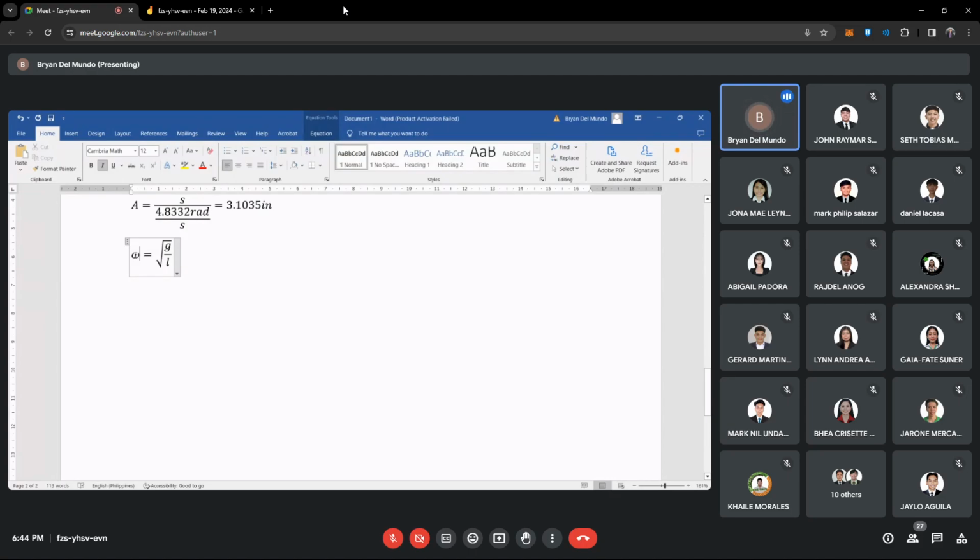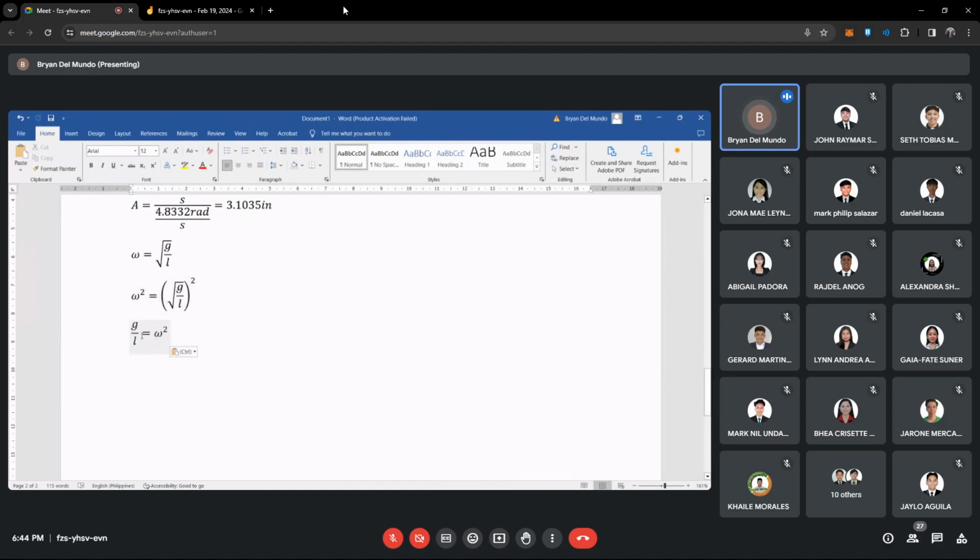We're just going to square both sides so that makakancel si radical sign and then ma-isolate natin si L. So we're just going to square this one and then square the value of square root of G over L. So mangyayari lang dyan, makakancel lang yung square mo tsaka yung radical sign dun kay G over L. So we have here G over L is equivalent to omega squared. So yan ay naging formula natin.